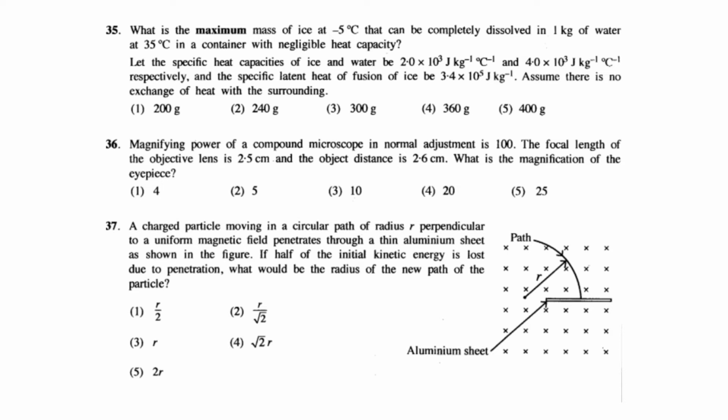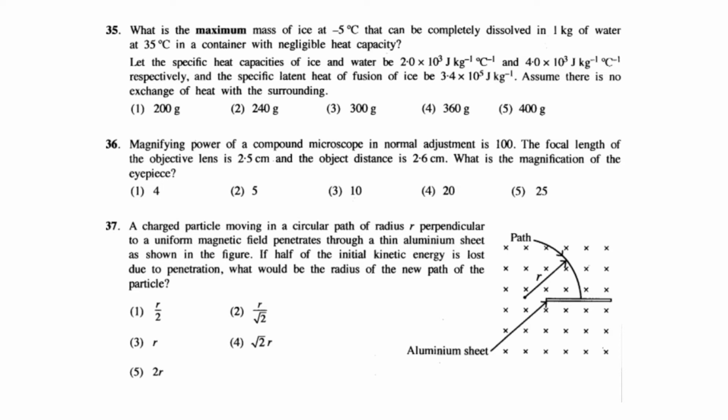ME is the linear magnification of the eyepiece. The question is to find ME. MO can be found by the given data. MO is V divided by U. V is the image distance and U is the distance to the object from the objective lens.